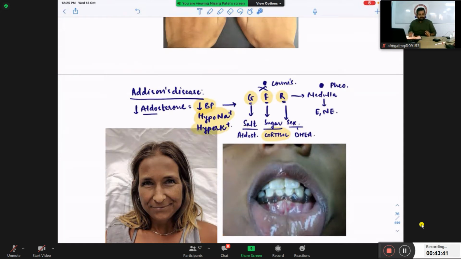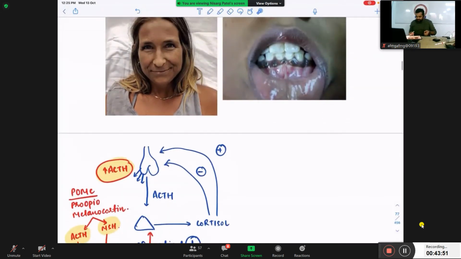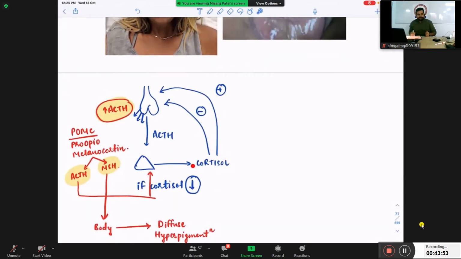Mineralocorticoid is aldosterone. Sugar means glucocorticoid. Which hormone? Cortisol. Sex hormone, dihydroepiandrosterone. But which hormone is the regulator of this axis? It is cortisol. If my adrenal gland is making enough cortisol, it will send a negative signal to my pituitary: don't send ACTH. My amount is adequate in the body.